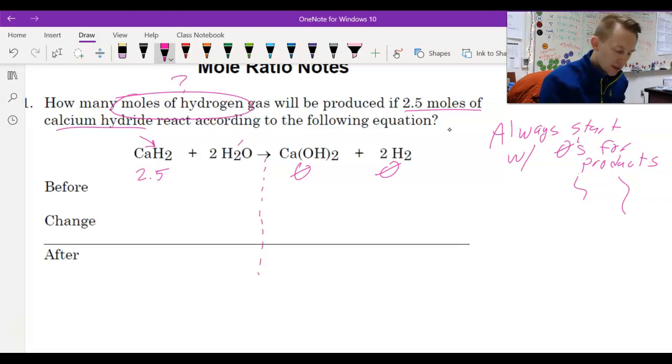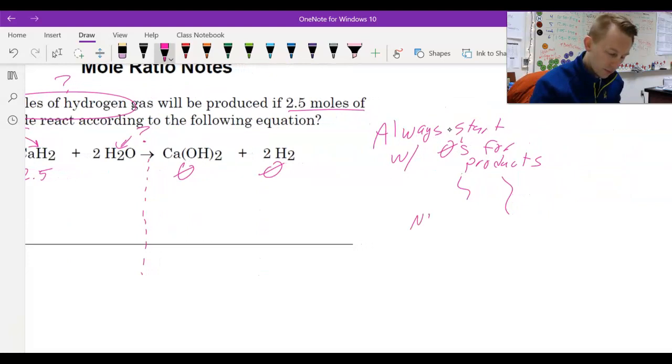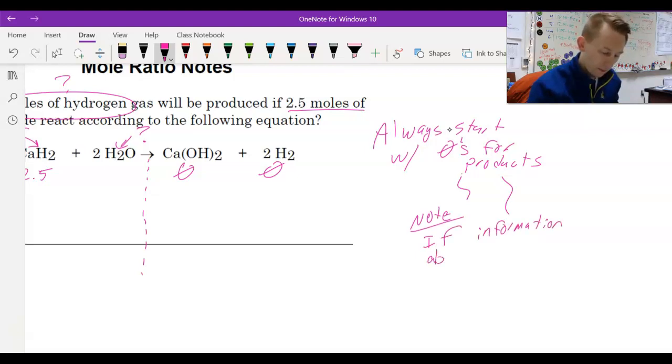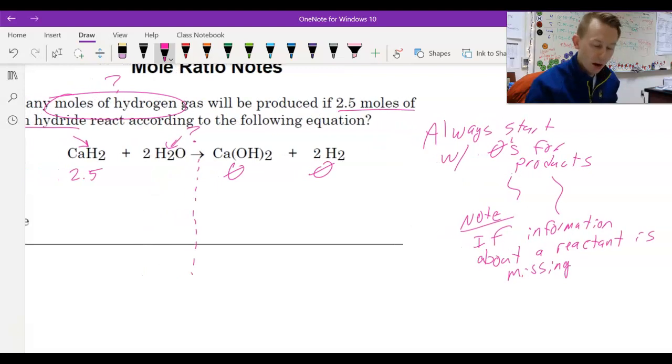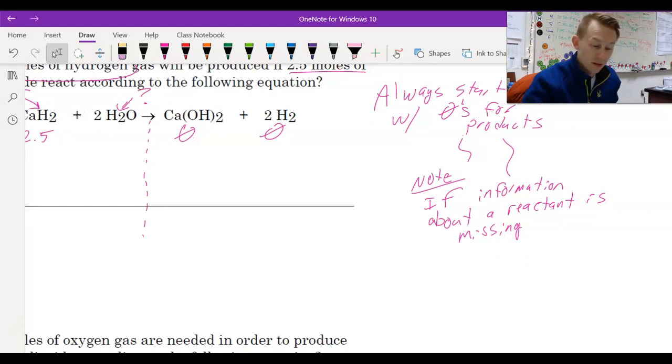Now, it does not give us any information about the water, so here's another note. If information about a reactant is missing, in this case water, we're going to assume that we have a lot of it, and we're not going to worry about running out of it, because we don't know any information about it.